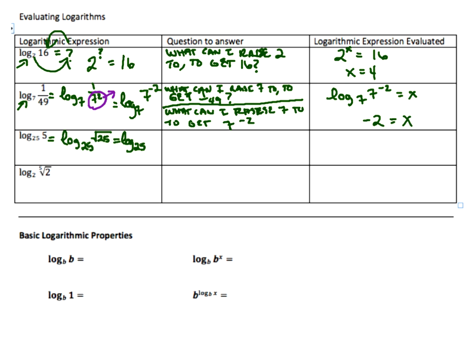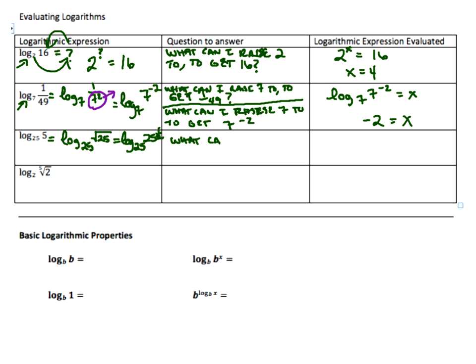So this is the same thing as log base 25 of 25 to the 1/2 power. And if you're not up to speed on your rational exponents, you also need to go back and study rational exponents. I believe that's prerequisite material P2, P3, P3, P4, something like that.